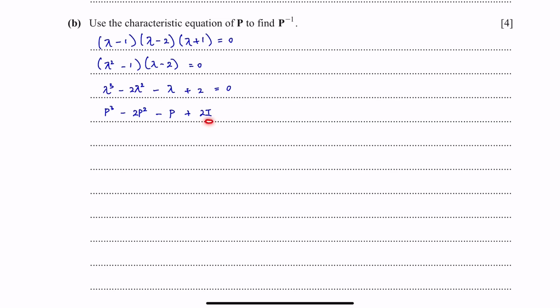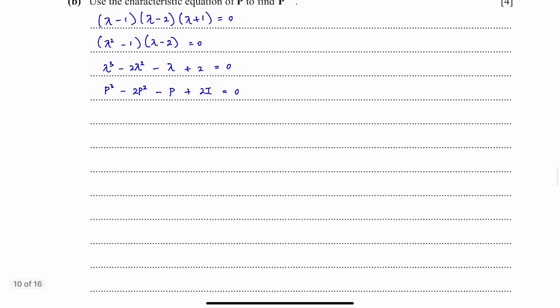The I here is this matrix. It's the identity matrix. So it represents the 1 in the normal equation. So we need the identity matrix here so that the whole equation makes sense.